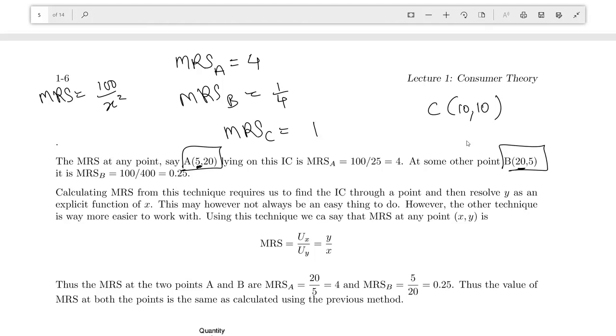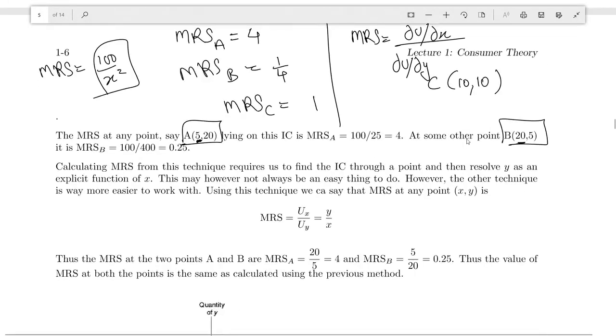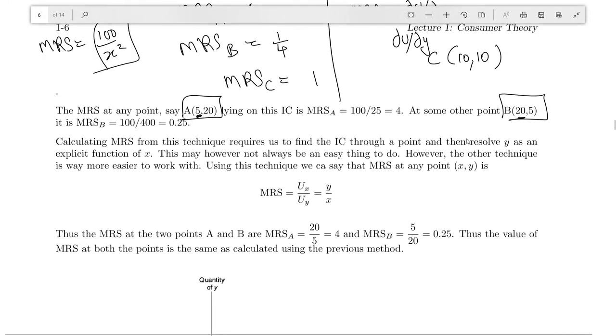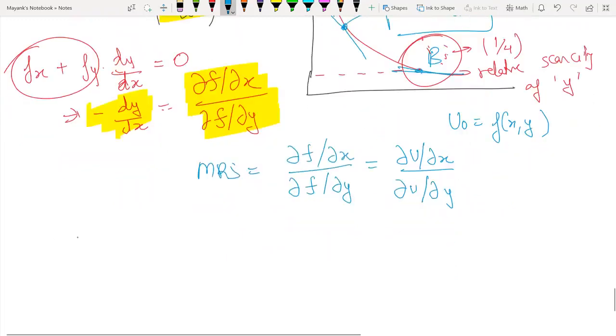Now instead of using the indifference curve approach, I want to use the other approach, that is MRS equals to del u by del x upon del u by del y. So my utility function was under root xy. Now I'll find MRS using both u and u square, and I'll show that the function remains the same.